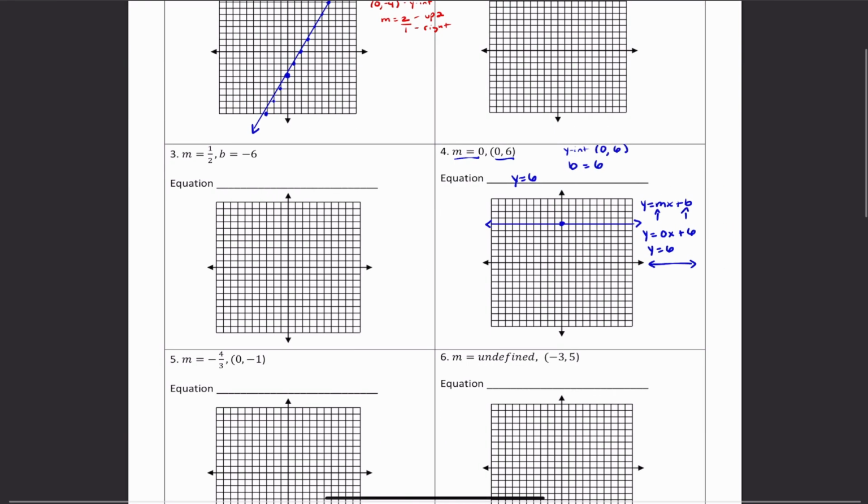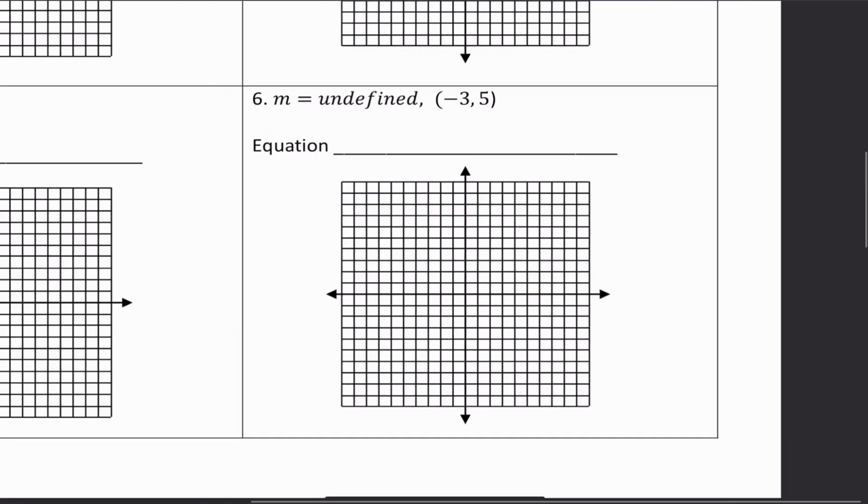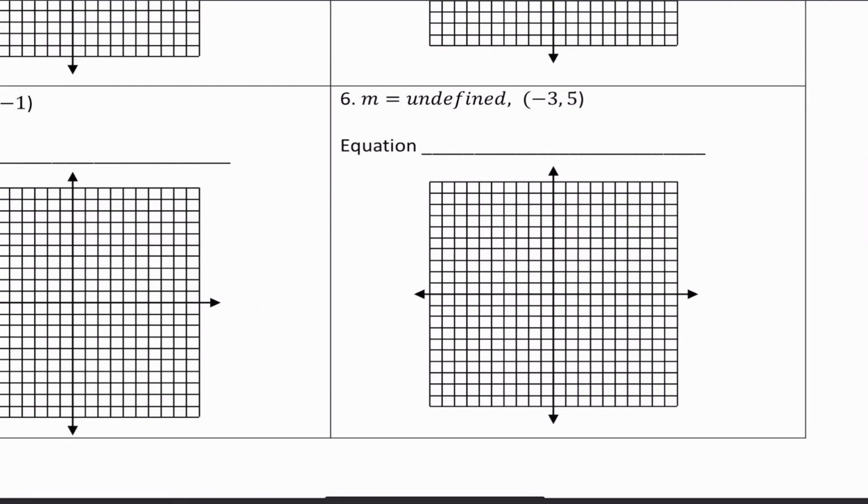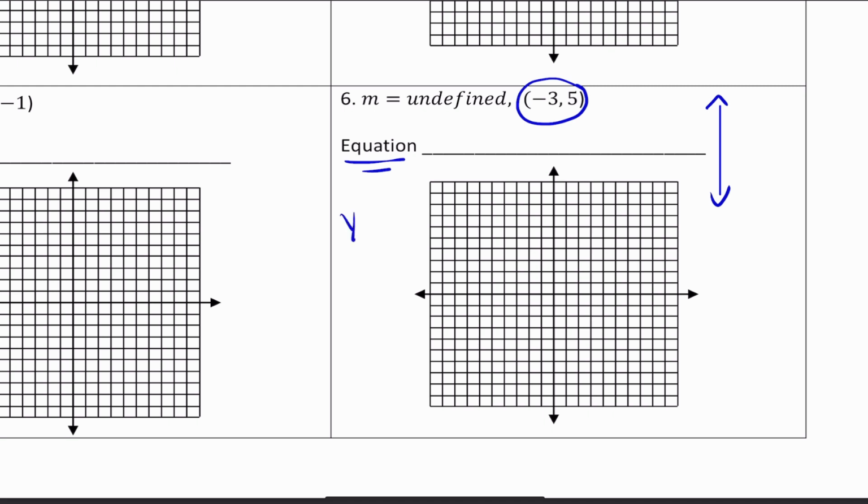Okay? Let's go ahead and... should we really do this one? Okay, so I'll just give you a hint. Remember, you have an undefined slope, right? And it should look like this. And it's definitely going to go through that point here. So your equation for any time you have an undefined slope is never y equals.